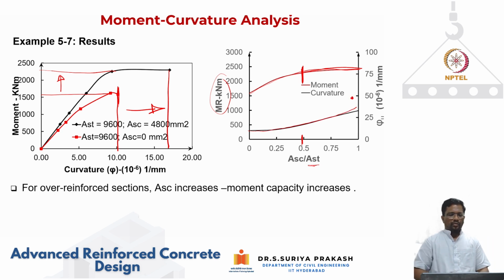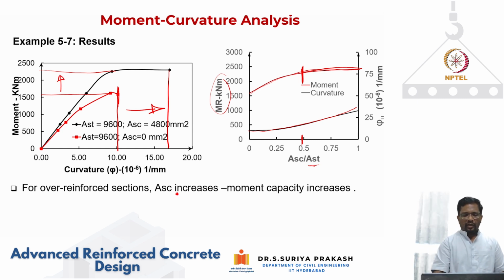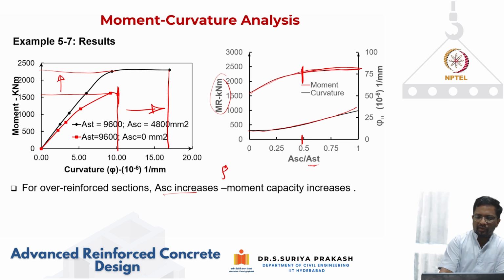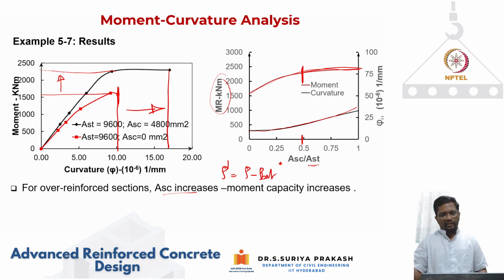So what we can say is, when you have an over reinforced section, providing compression steel up to the level of the difference is useful. That's what we said. If I'm able to put rho prime, which is compression steel, equal to rho minus rho balanced, you will get a very good increase in your moment capacity and curvature.